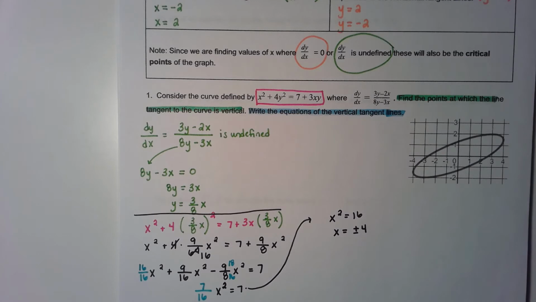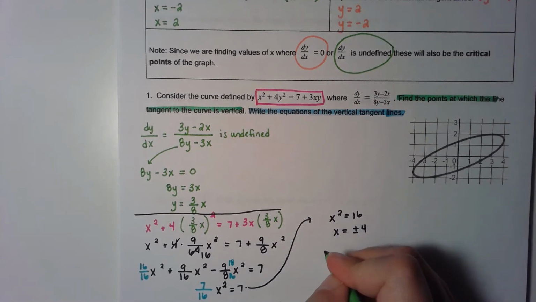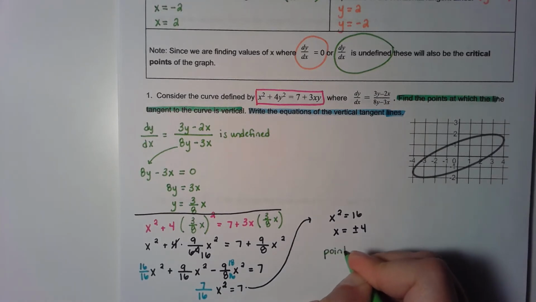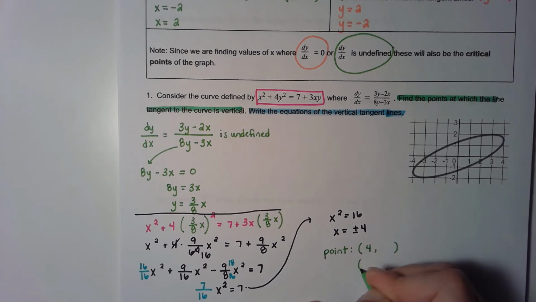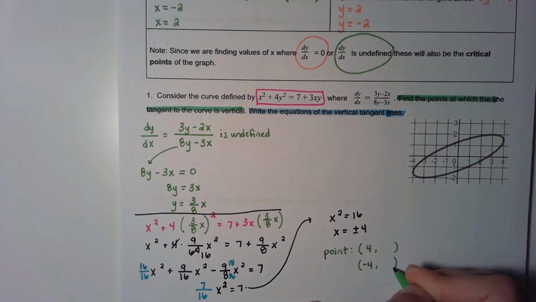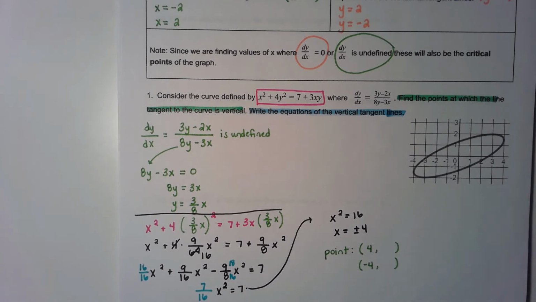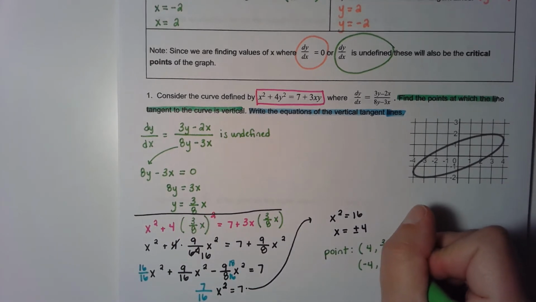Now, the first part of my instructions here were to find the points at which the tangent line is vertical. So the points here, there's going to be two of them. One of them has an x coordinate of 4, and the other one has an x coordinate of negative 4. I can find the y's by just plugging them back into this equation where it says y equals 3/8 x. 3/8 times 4 is going to be 3 over 2.